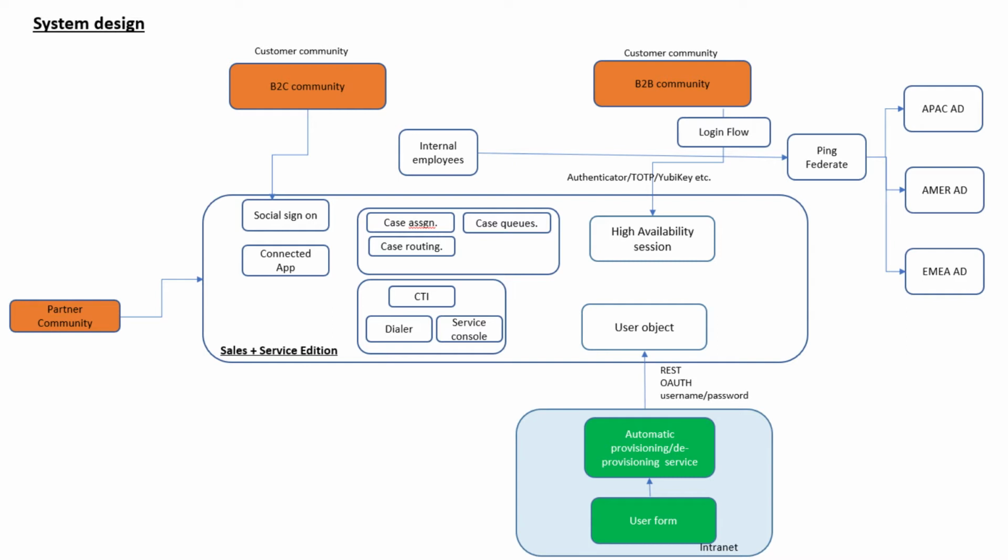For this, we plan to use case assignment rules and case routing. We could use case queues or teams in order to assign those cases to the specific service support person. But we can't use case teams because case teams cannot be used with case. You can't actually do assignment to the case teams, right? So we have to go with case queues in this case.